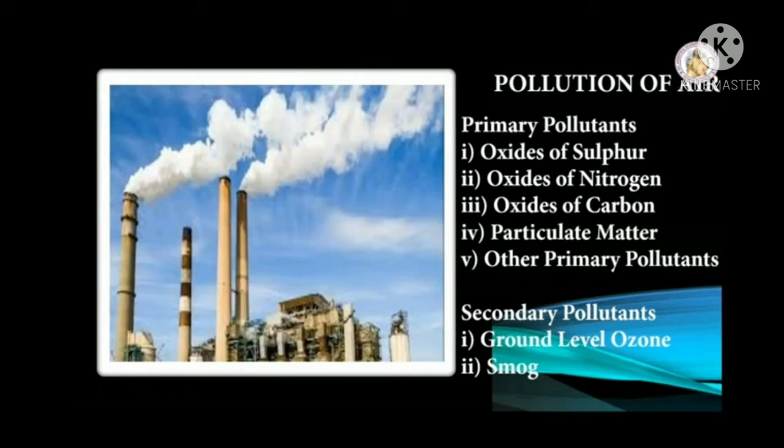Primary pollutants: oxides of sulfur, oxides of nitrogen, oxides of carbon, particulate matter; other primary pollutants belong to primary pollutant. Next one is secondary pollutant. Secondary pollutants are ground level ozone and smog.